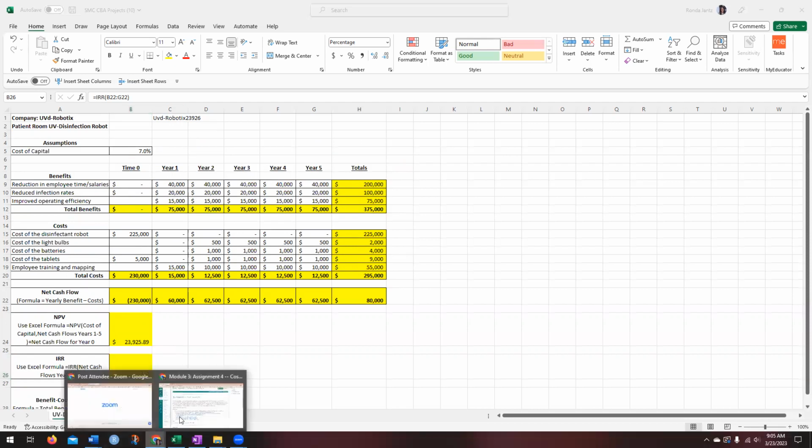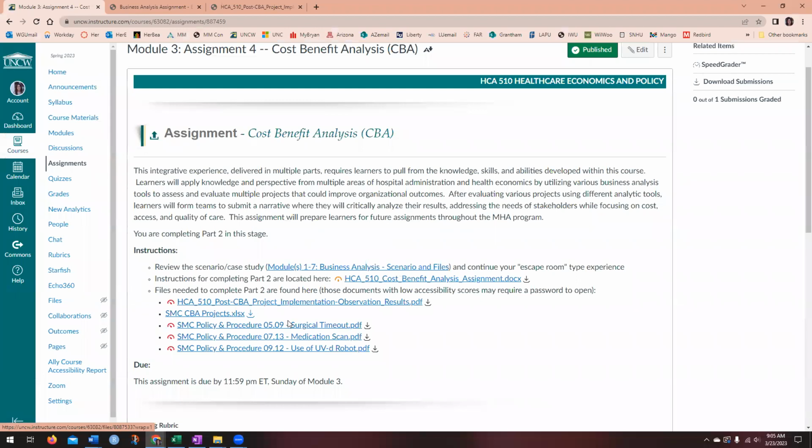So let's go back over. In our previous week, we had all of these different files, and we had to open every single one. Well, this week we are only opening the file for the project that we go with. If you decide you're going to go with surgery timeout, and that may not be the option, it's going to give you a go back.